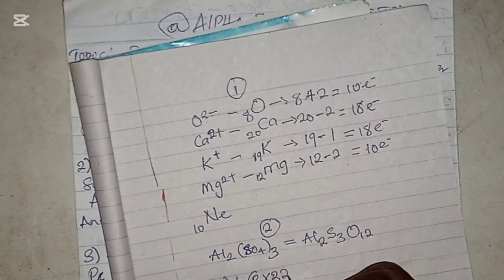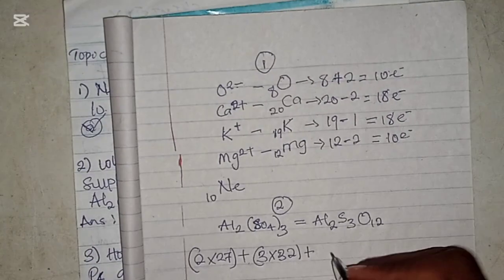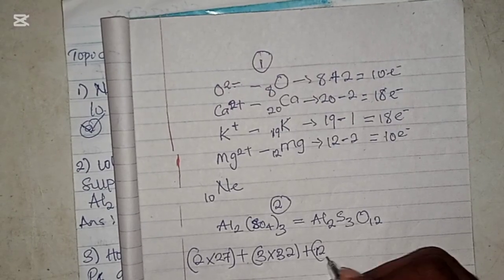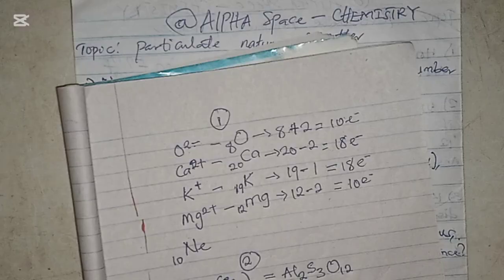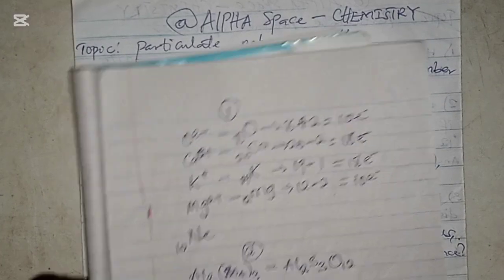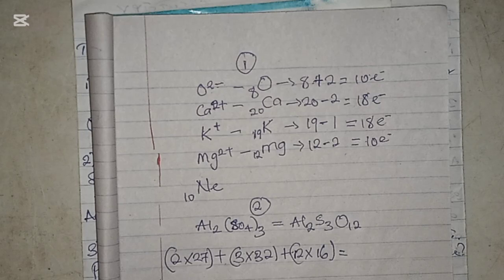So 3 times, what is the relative atomic mass? 32. Plus, how many atoms of oxygen do we have here? 12, times the relative atomic mass of oxygen, which is what? 16.